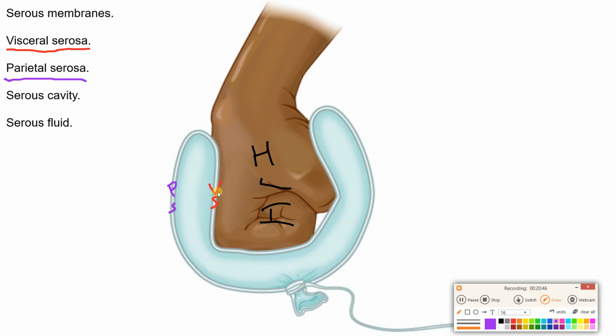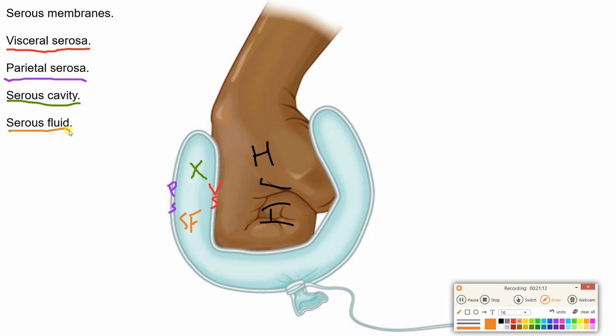Visceral serosa is the inner one, parietal serosa is the outer one, analogous to a fist punching a balloon. Now, the space in the balloon, that space in there, is known as the serous cavity. And that space is going to be filled with serous fluid.